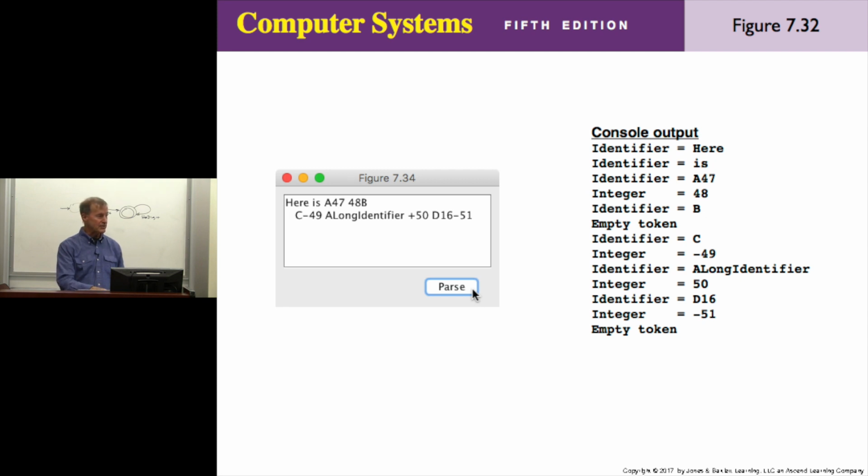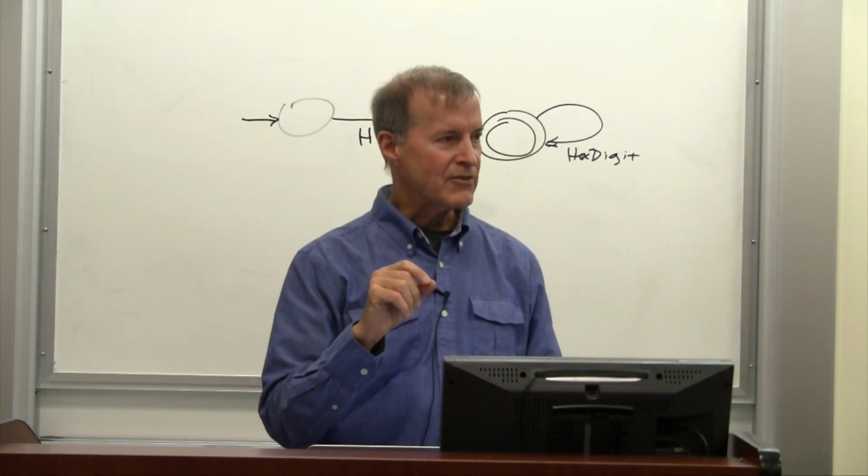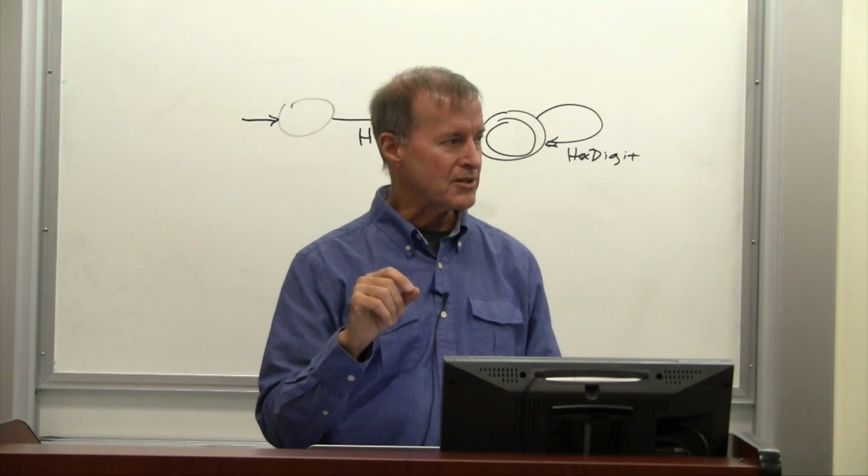So we have recognized the empty token, and it's the new line character that tells us that, because there is literally a new line character at the end of each line. Are we good there? Yeah, question? No. The new line is at the end of each line, not at the end of each token.